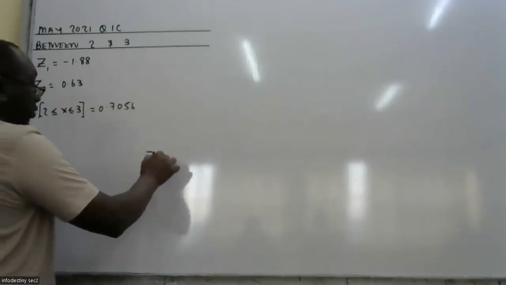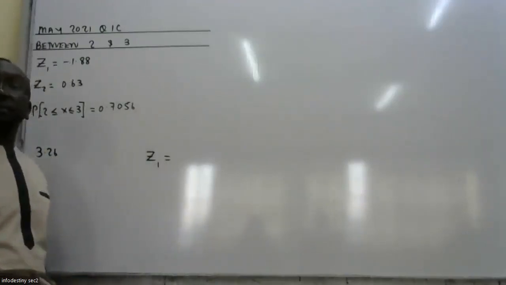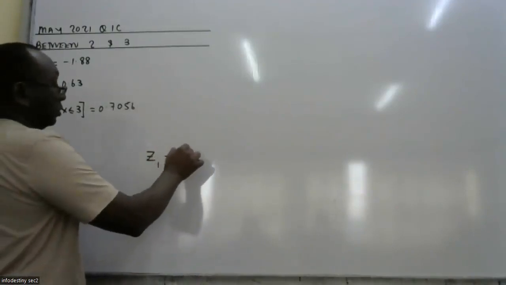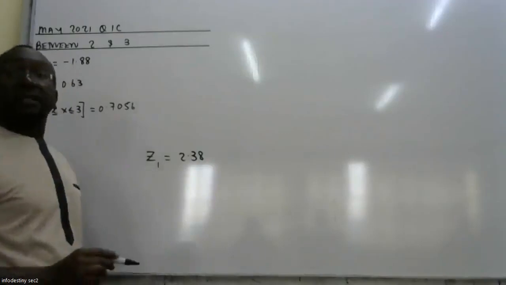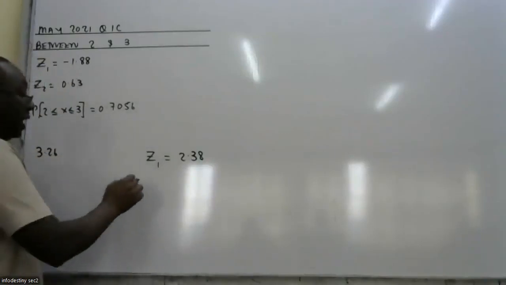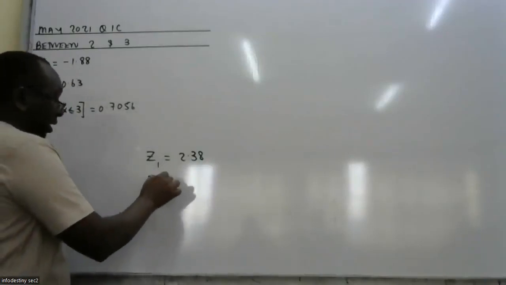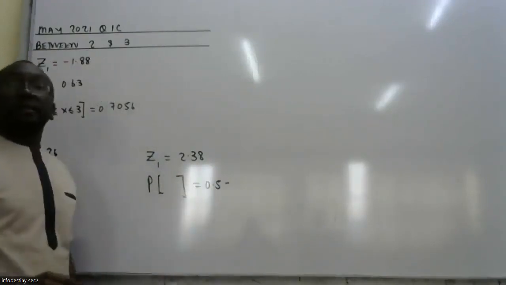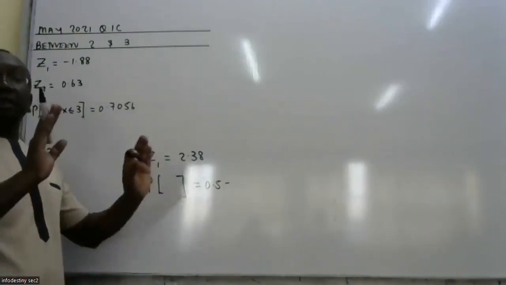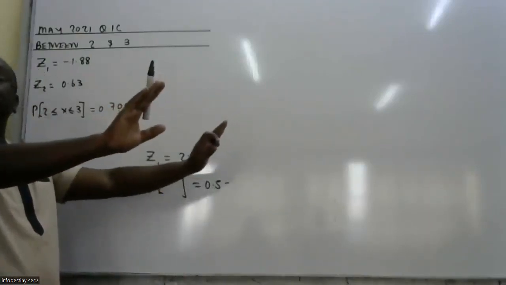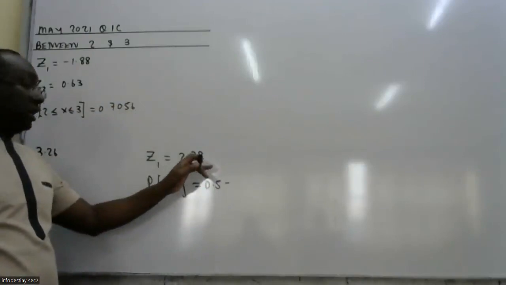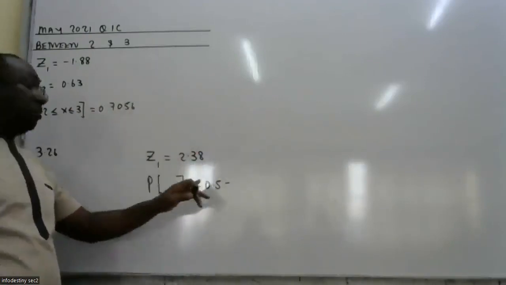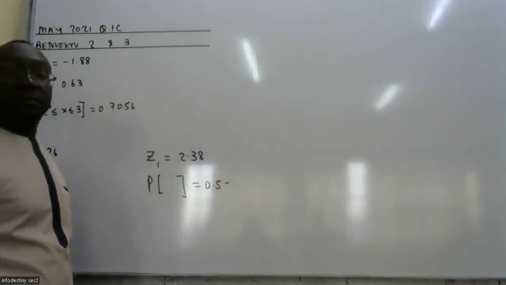First of all, tell me the Z1 you got. 2.38. Okay, now I'm saying the probability you will say is 0.5 minus, since we are told 3.7 and above. So this will help you read from the mean to 3.7, but you want above. So minus what you have read, what do you read?